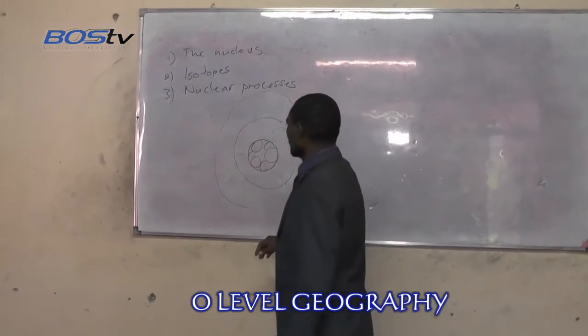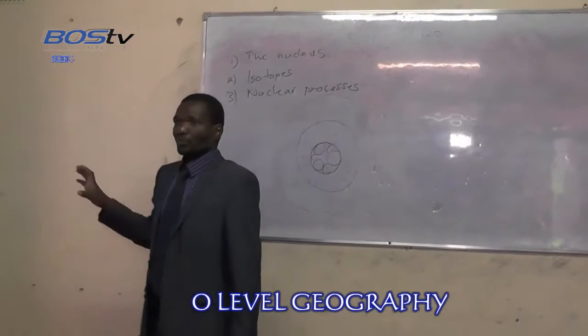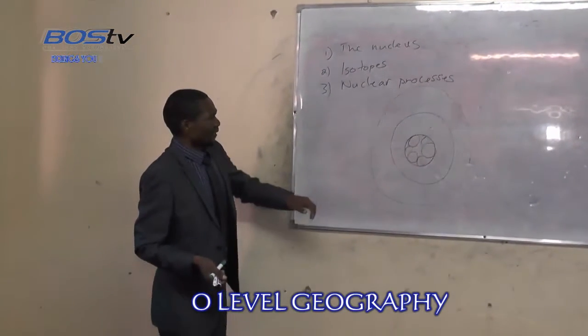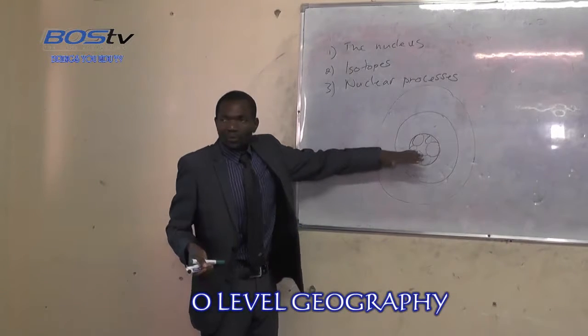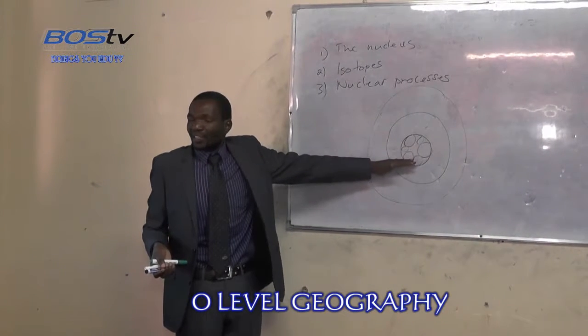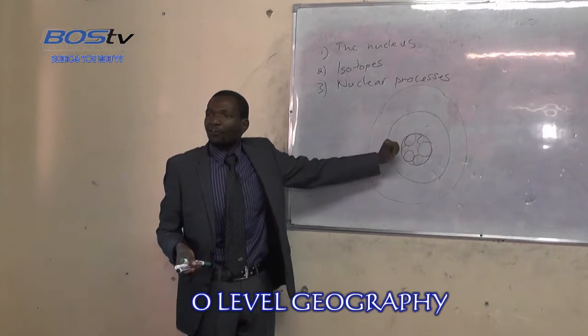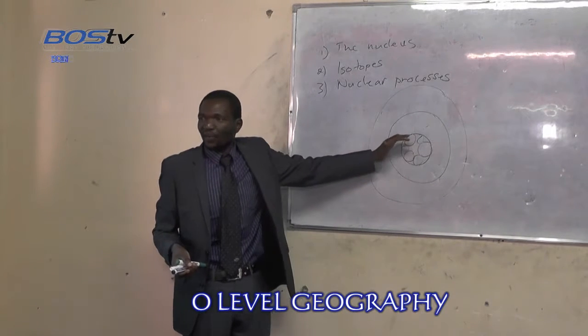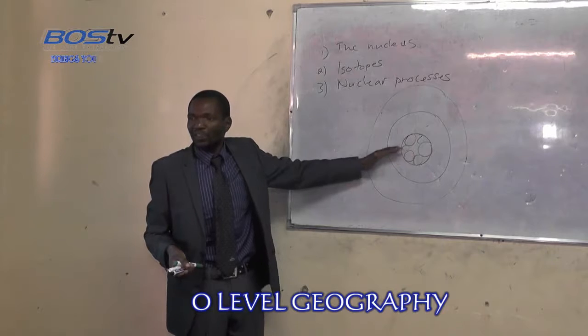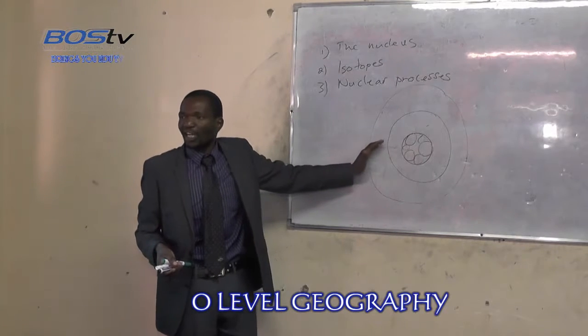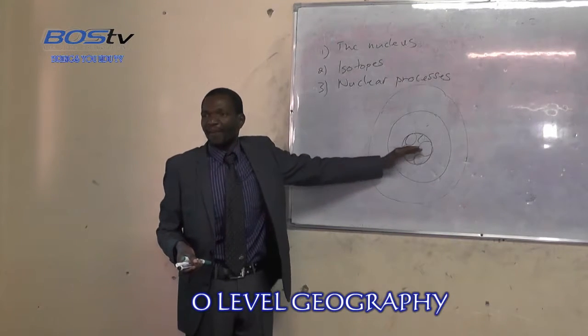Thank you very much. We know that for an atom to belong to a certain element, we look at the proton number, the total number of protons. That's what defines an atom, or places an atom under a certain element.